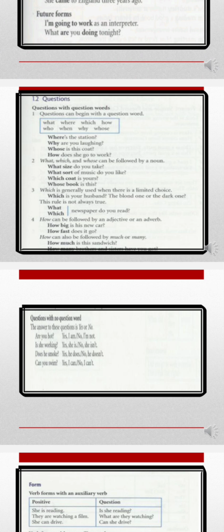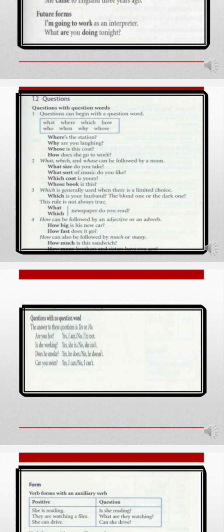For example, the first sentence is, where is the station? Why are you laughing? Whose is this coat? How does she go to work?